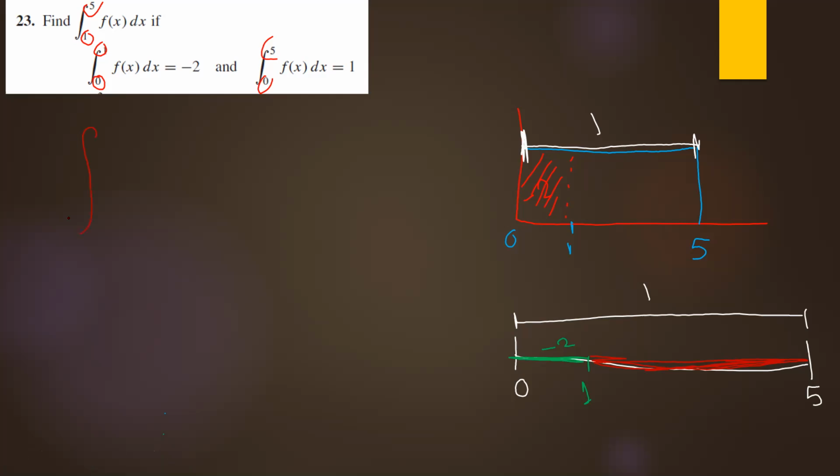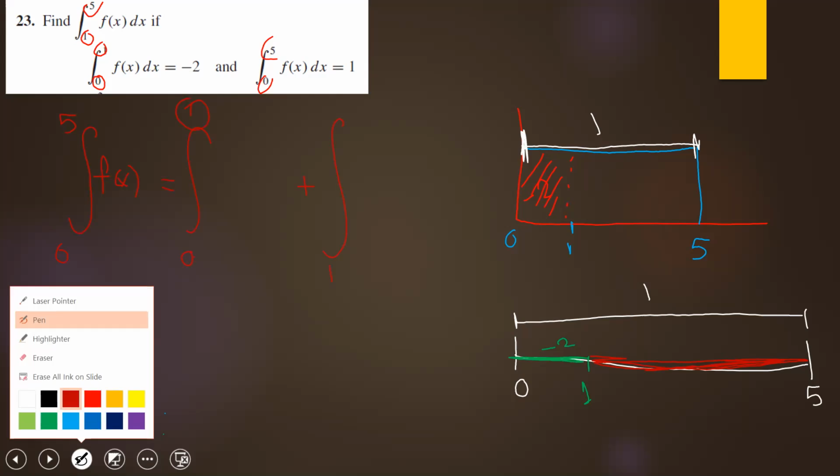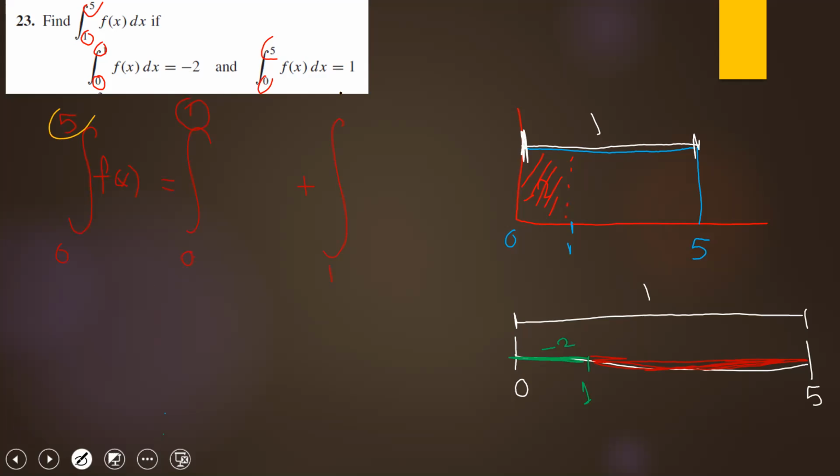Now, we said that the integration of f of x from 0 to 5 is from 0 to 1, and I started from 0, passing from 1. Then since I end here with 1, I will start from 1 here, then end with 5.